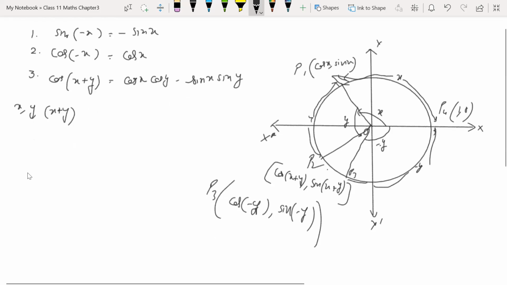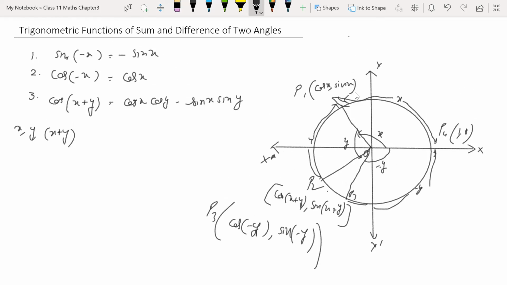Now, from this figure, we reach the conclusion that there becomes a triangle P1OP3, and there becomes another triangle P2OP4. These two triangles are congruent because of the rule of side angle side, SAS.